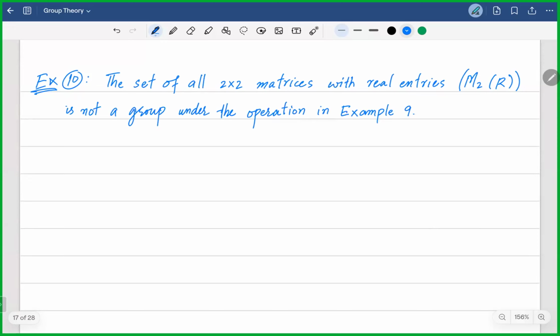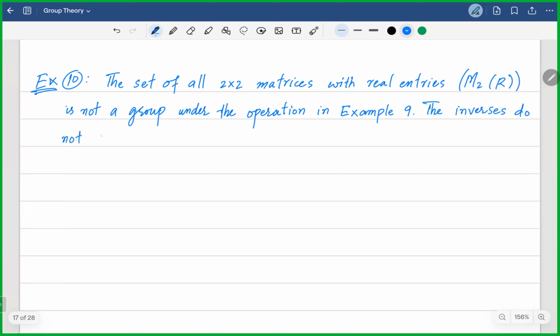In this type of set, the determinant can be 0 or not.